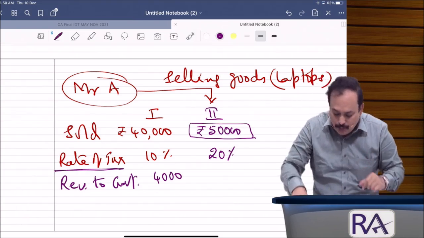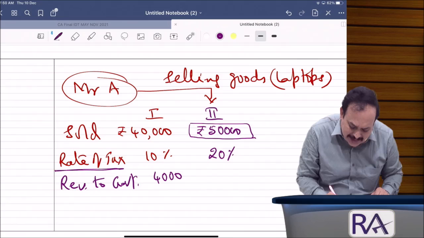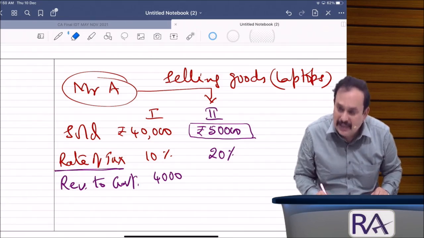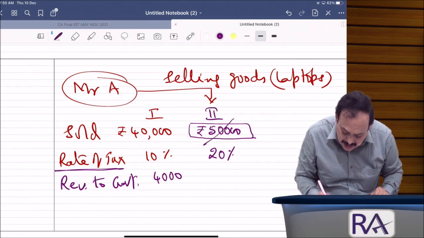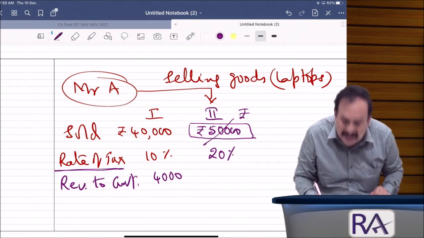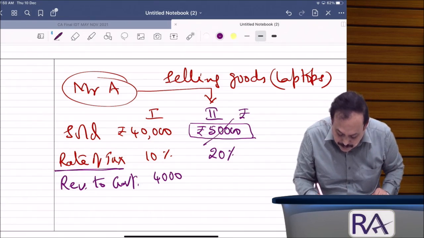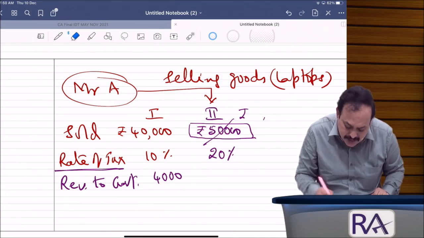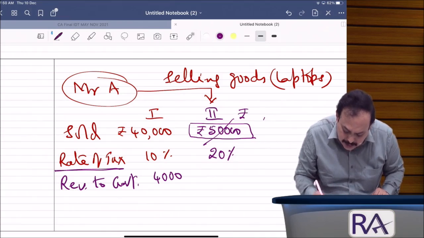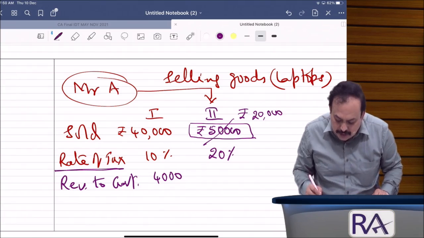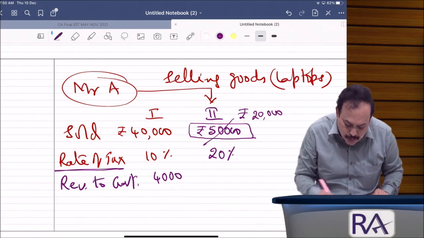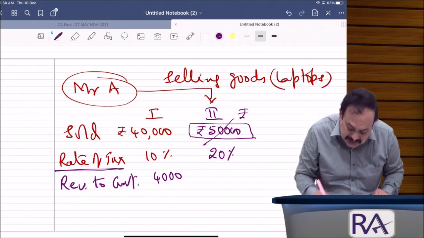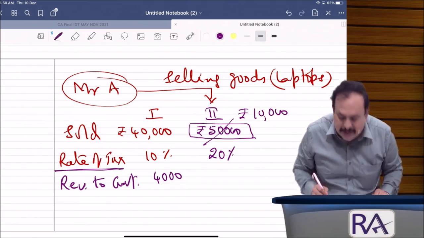Instead of selling at rupees 50,000, I sell at, let us say, even not for 20,000 rupees, but for 10,000 rupees only, to meet the competition.